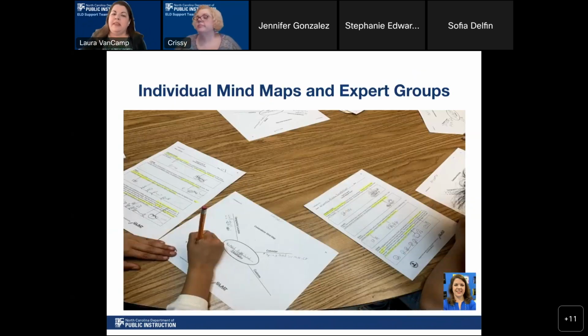Now, what we're going to do with that, the next several strategies work together. They hang together because one just flows into the other one. And this is actually a picture of students doing this with the celebrations unit when I was there that day. They're filling in their mind map for whichever celebration they were studying. For example, this one was the Scottish Highlands.